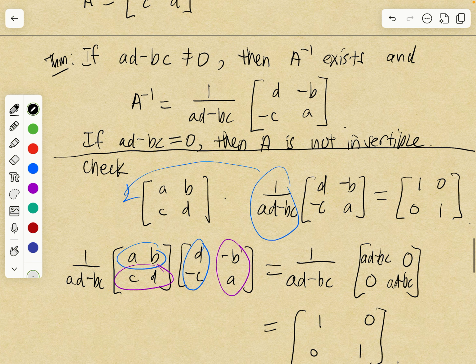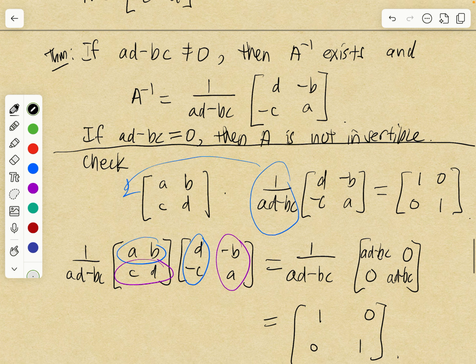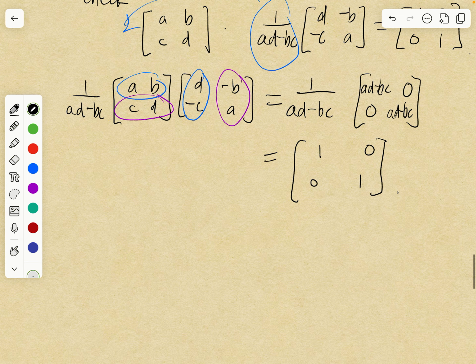Okay, now why is this part true? If AD minus BC is 0, then I'll let you think about why this is true, but there are a few possibilities.